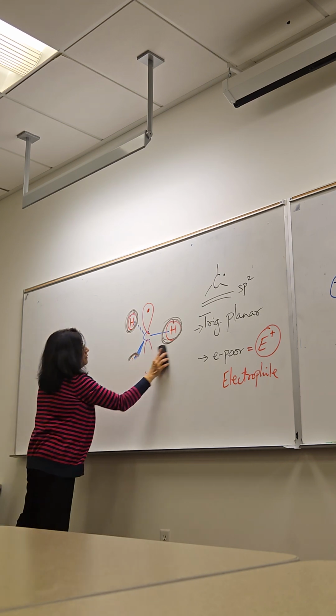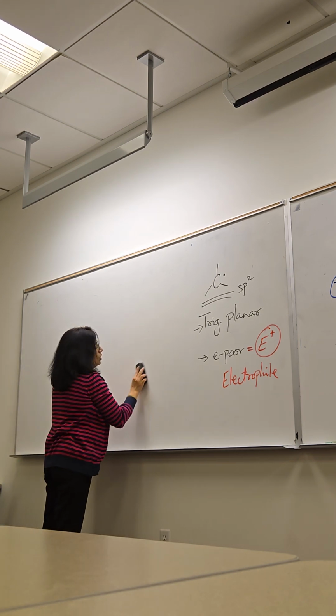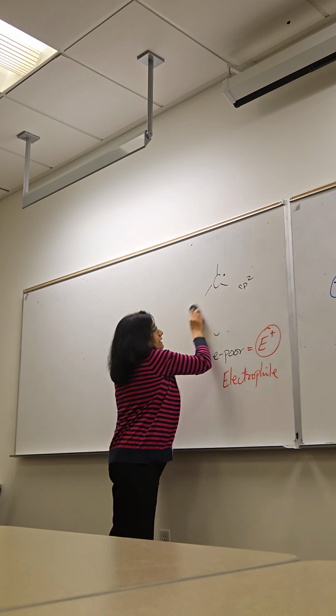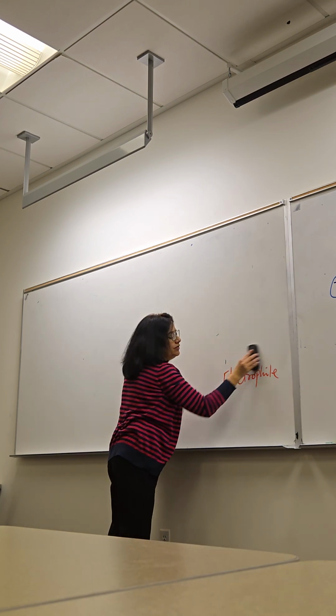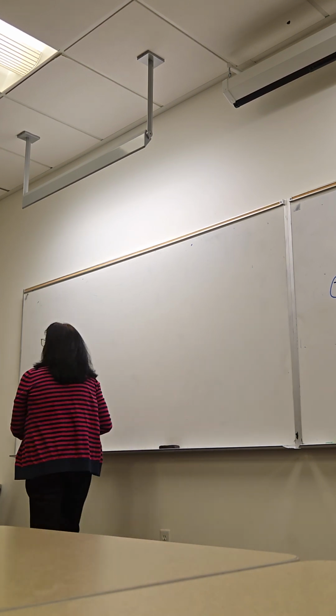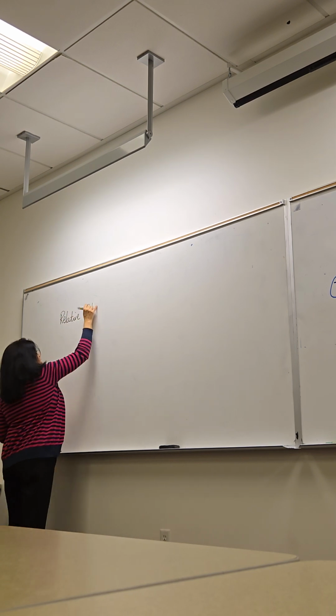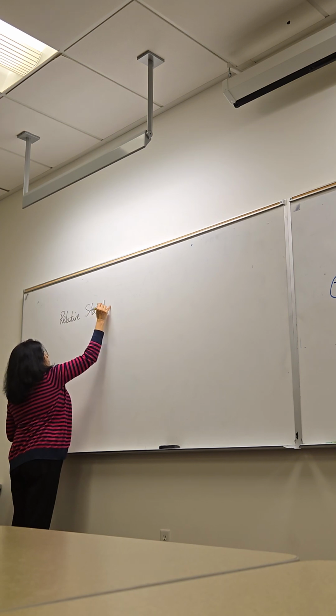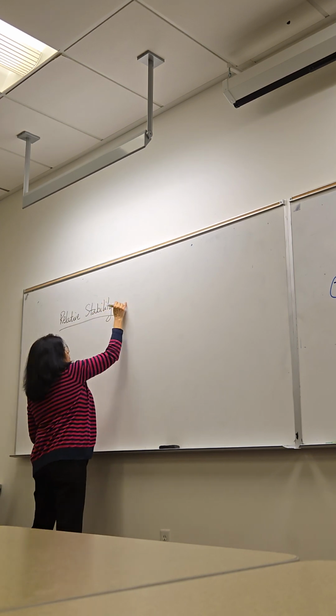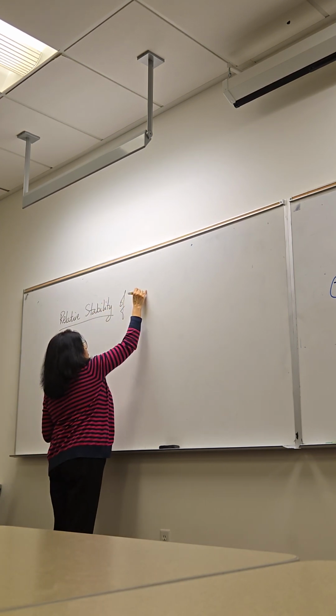Everyone okay? So, the order of stability for free radicals, carbon free radicals. We are only focusing on carbon free radicals. Relative stability of carbon free radicals.